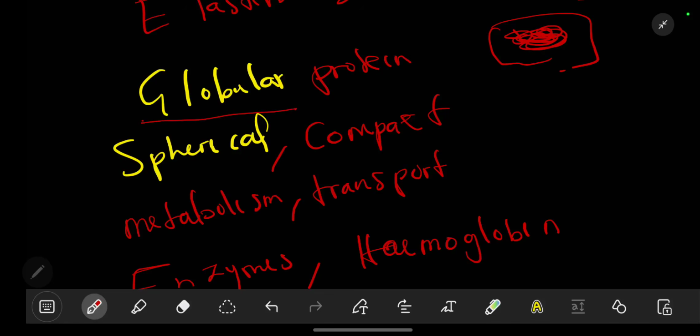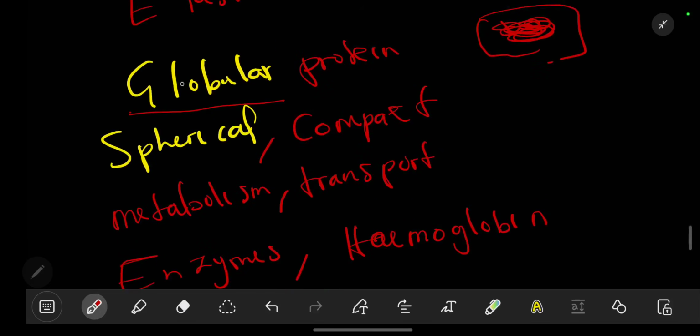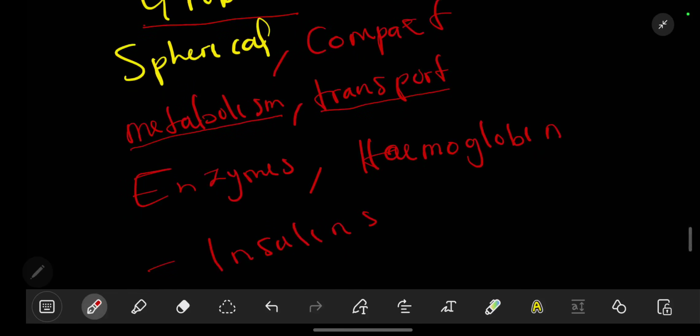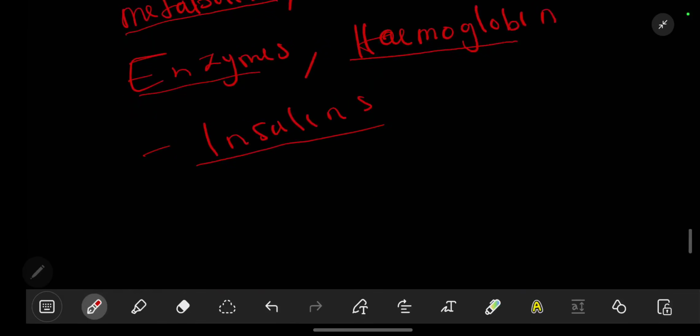If you were given a question in an exam, you should even include some of the functions to score full marks. If it's maybe 3 marks, you can say that globular proteins are proteins that are spherical and compact and are mostly soluble in water. Their function is for metabolism and transport. Examples are enzymes, haemoglobin, and insulin. So that is it for globular proteins.